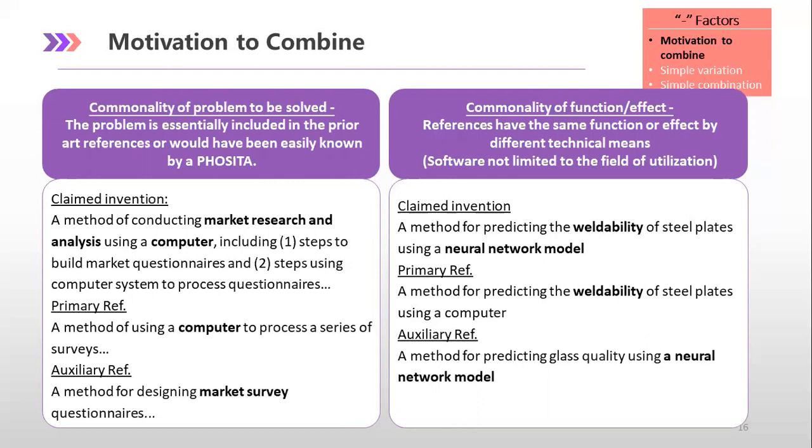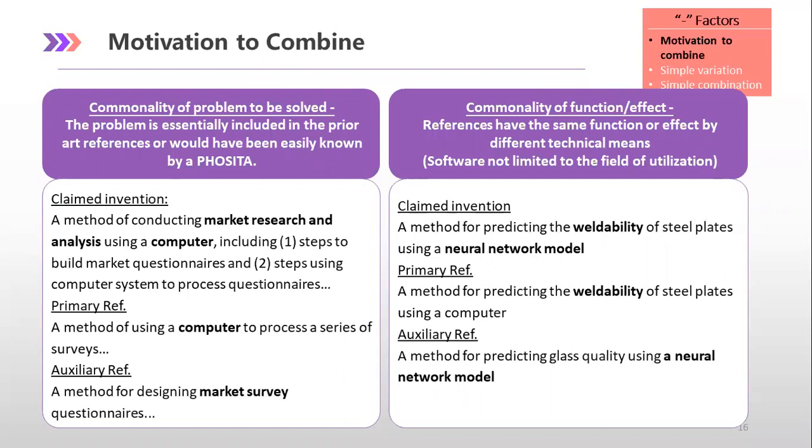Now, in this case, a PHOSITA in the software field would have easily known the claimed invention by replacing human labor with a computer to perform market research and analysis of questionnaires. And therefore, the problem to be solved according to the two references have commonalities. And therefore, there is a motivation to combine the two references.